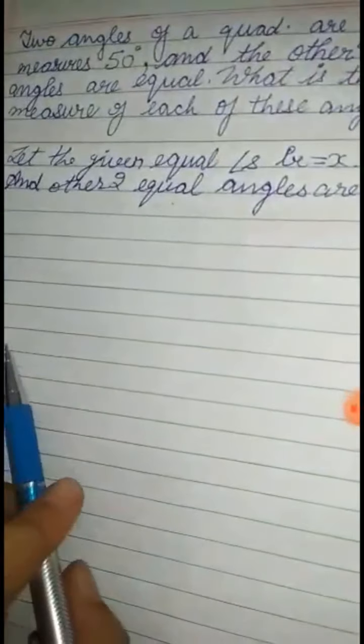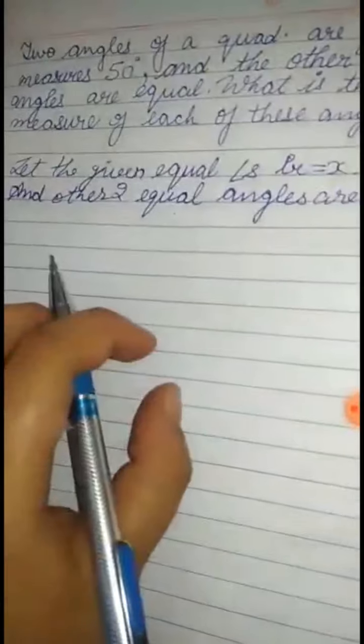So next, by the angle sum property of a quadrilateral, the sum of all the angles of a quadrilateral is always equal to 360 degree.